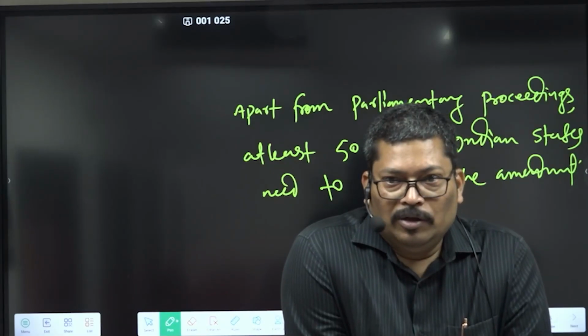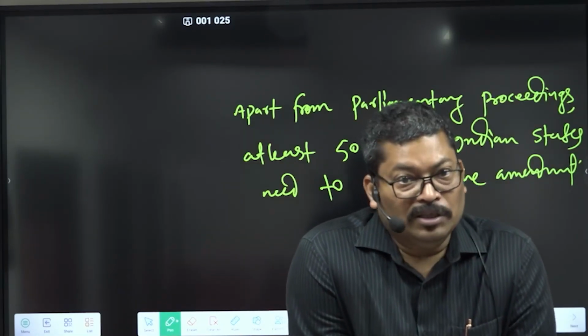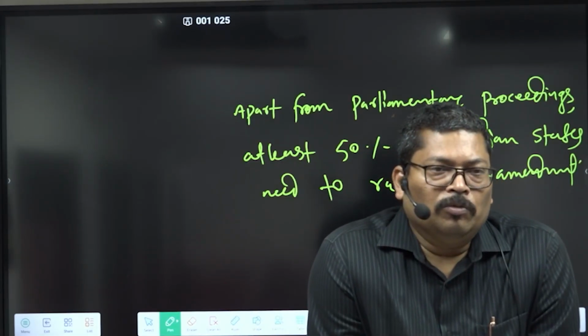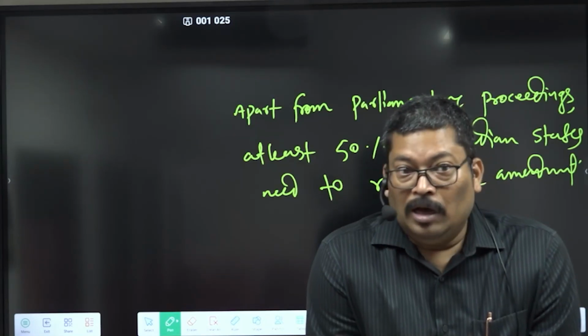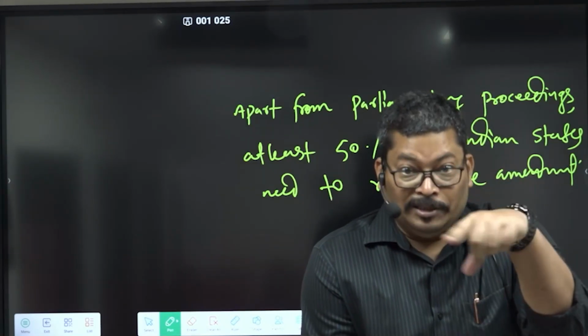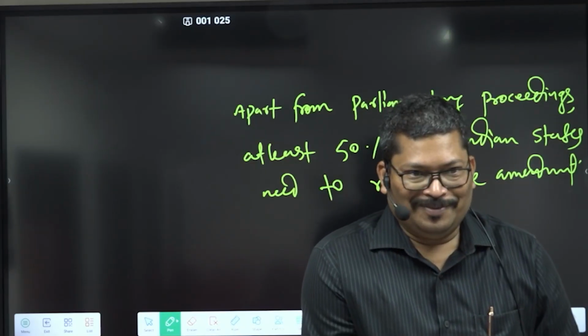Okay. So how many states are there in India? 28. So obviously there are 28 state legislatures. So at least 50% of state legislatures need to ratify the constitutional amendment bill that has already been passed by the central legislature, means Parliament of India, with the help of simple majority.